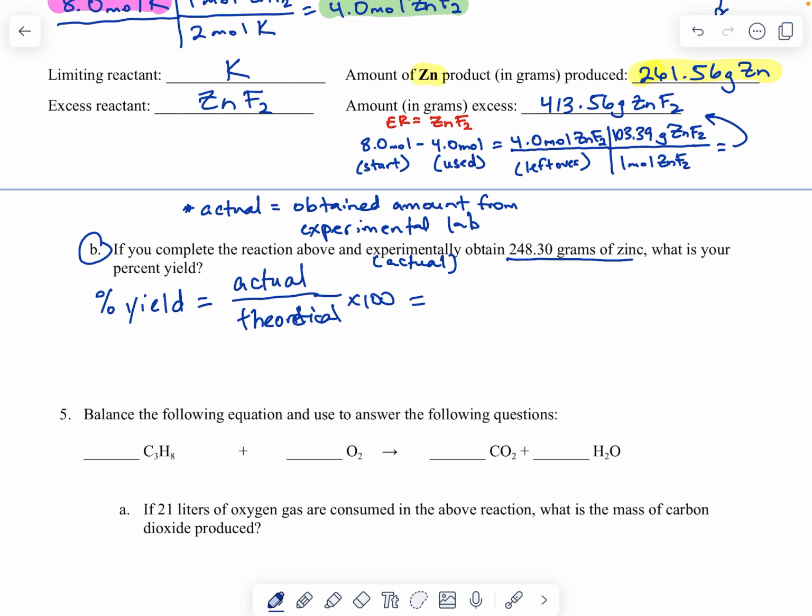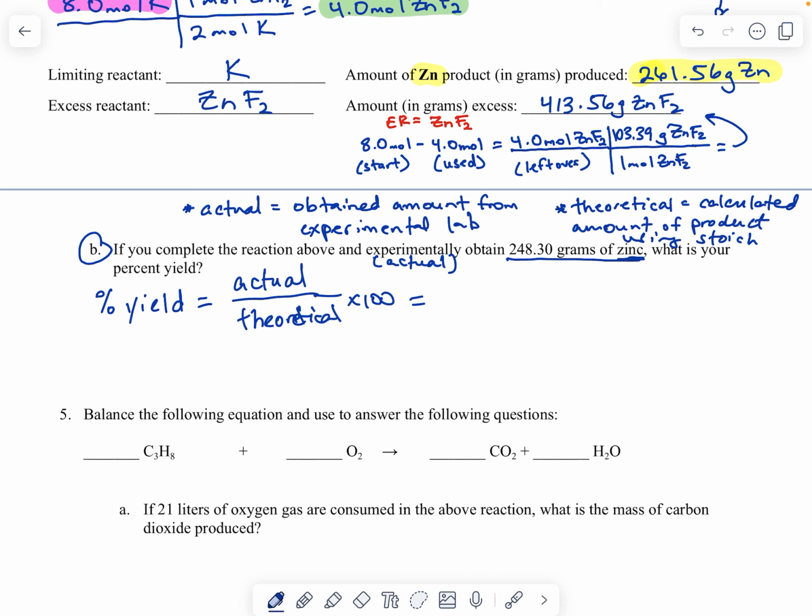Well, the theoretical is the calculated amount of product using Stoich, right?